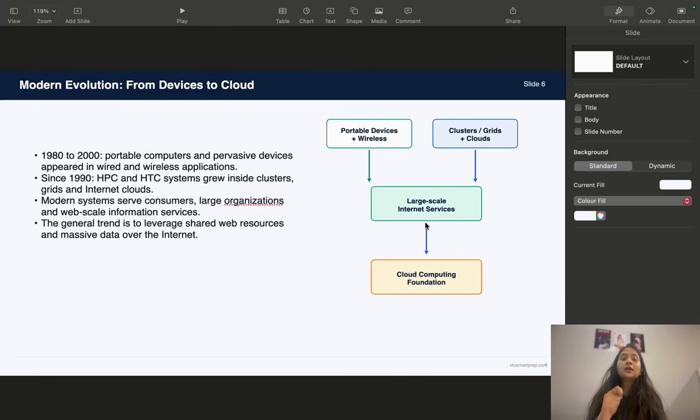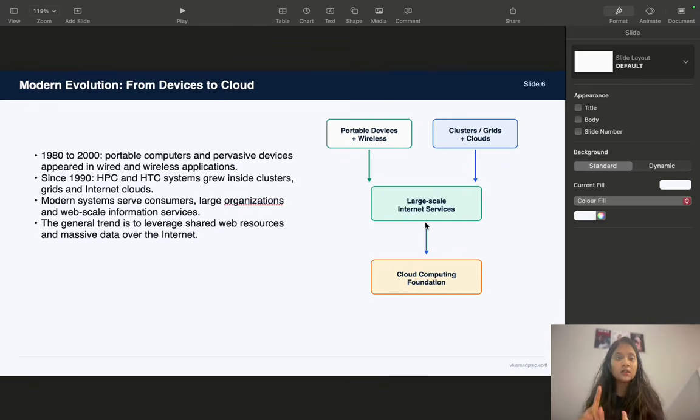Here, in portable and pervasive devices, what you have to understand is that these devices support both wired and wireless applications. Next, remember that HPC and HTC systems became popular, and then these systems were used inside clusters.